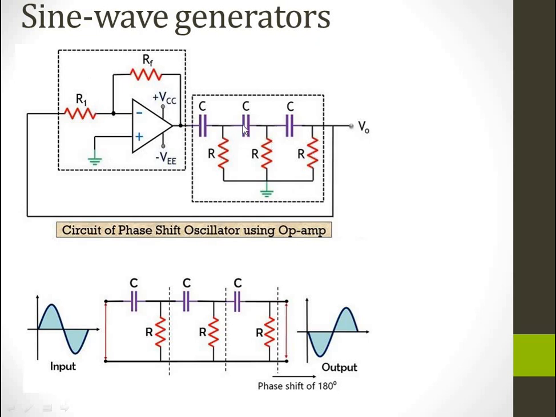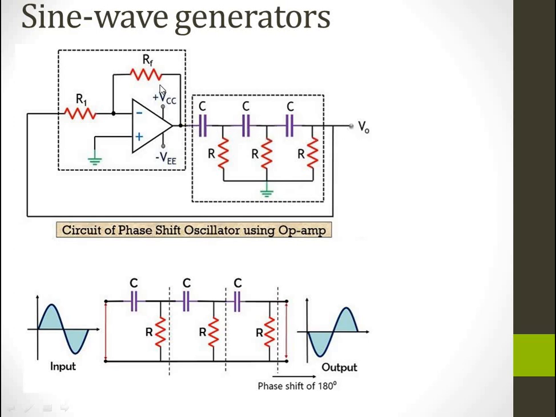So A beta should be greater than or equal to 1. That is the minimum criteria we are going to maintain to make a circuit oscillate. Beta is the gain of the feedback network, where the output is V0 and the input is Vi. So we have to take V0 by Vi, that is equal to the beta value.